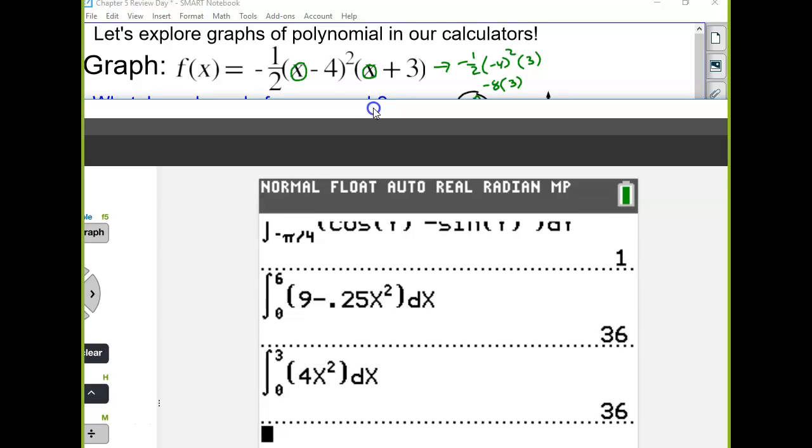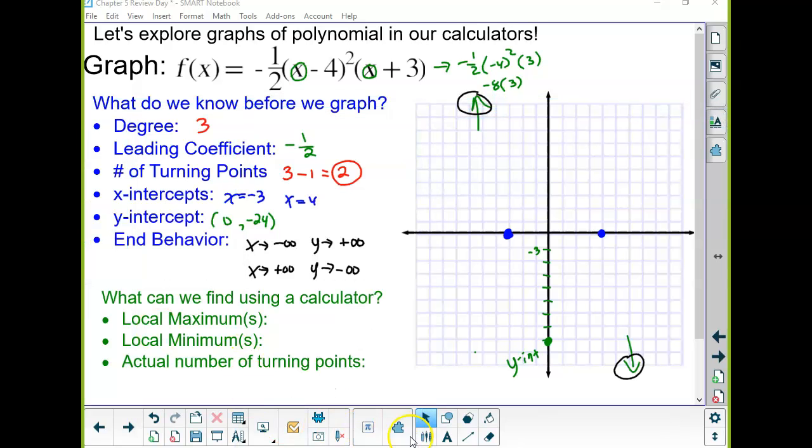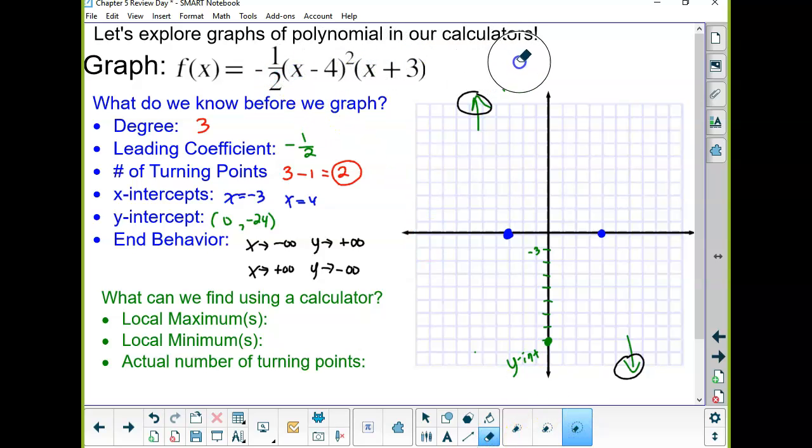Go ahead and hit y equals, and we'll type in that function. If you want to use negative 0.5 instead of 1/2, you can. I'll show you my screen as soon as I enter it in.